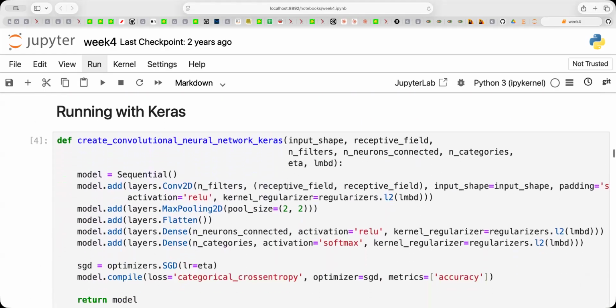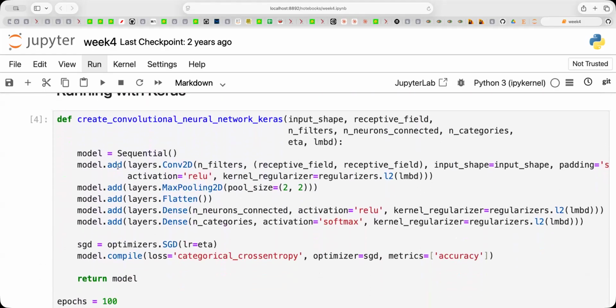But essentially, if you use Keras, you can define a convolutional layer. You define the number of filters. You have the size of the filters. You define the max pooling, and this is the pool size, where you want to reduce it to 2 by 2. And then you flatten it out. Then you have a dense layer with a standard ReLU as an activation function, a feed-forward neural network.